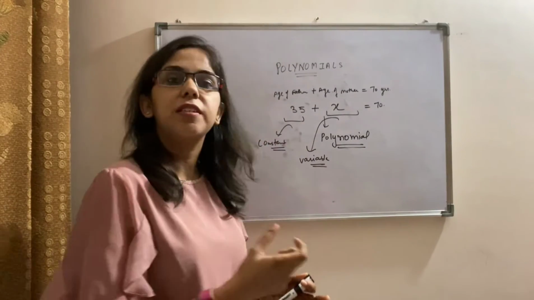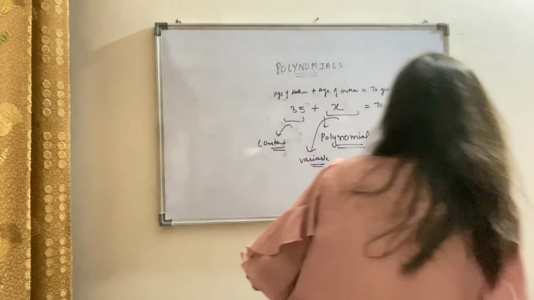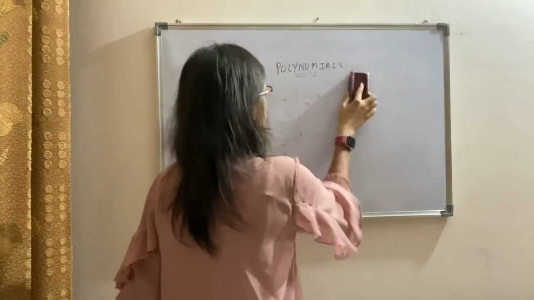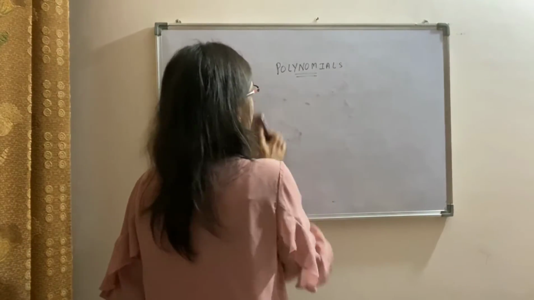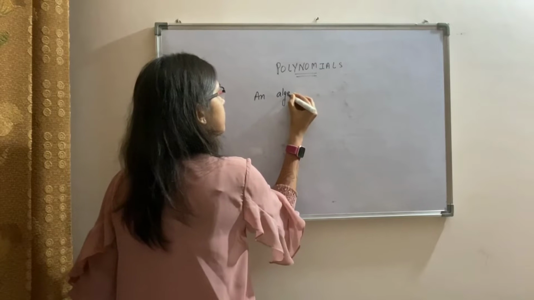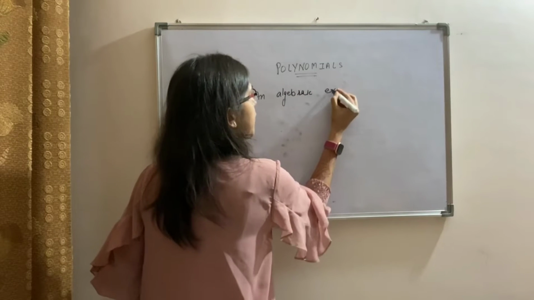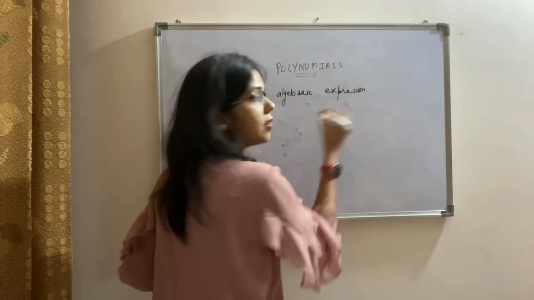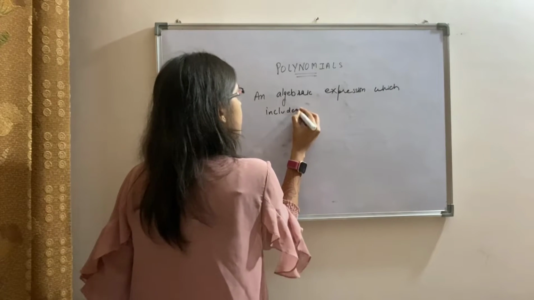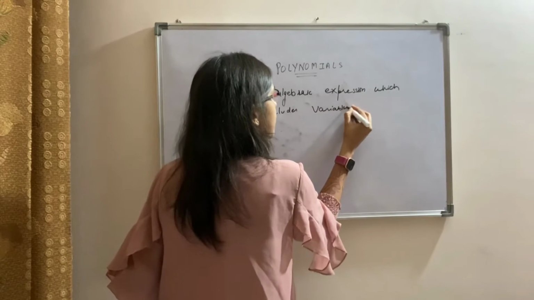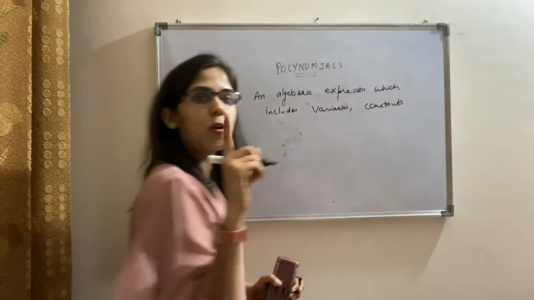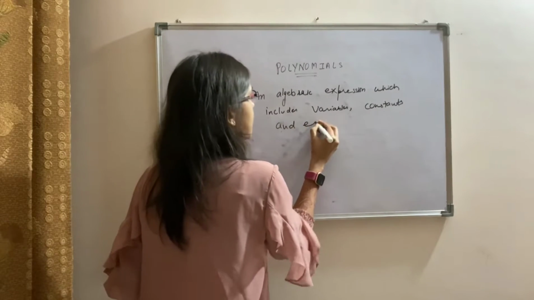So let's come to the basic definition of polynomials. That is an algebraic expression which includes variables, constants, and one more thing which I am going to add here, exponents.